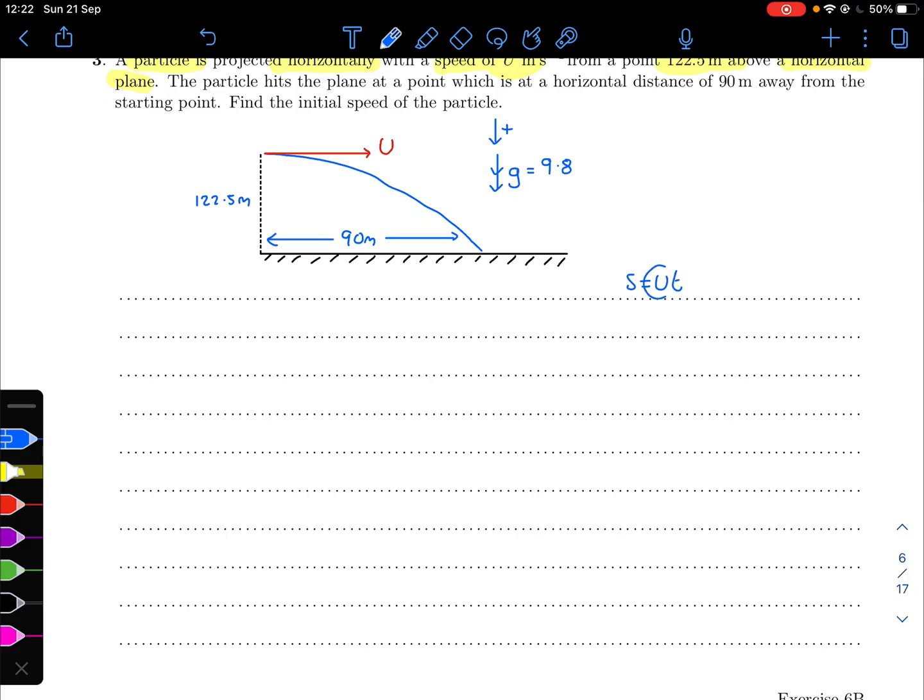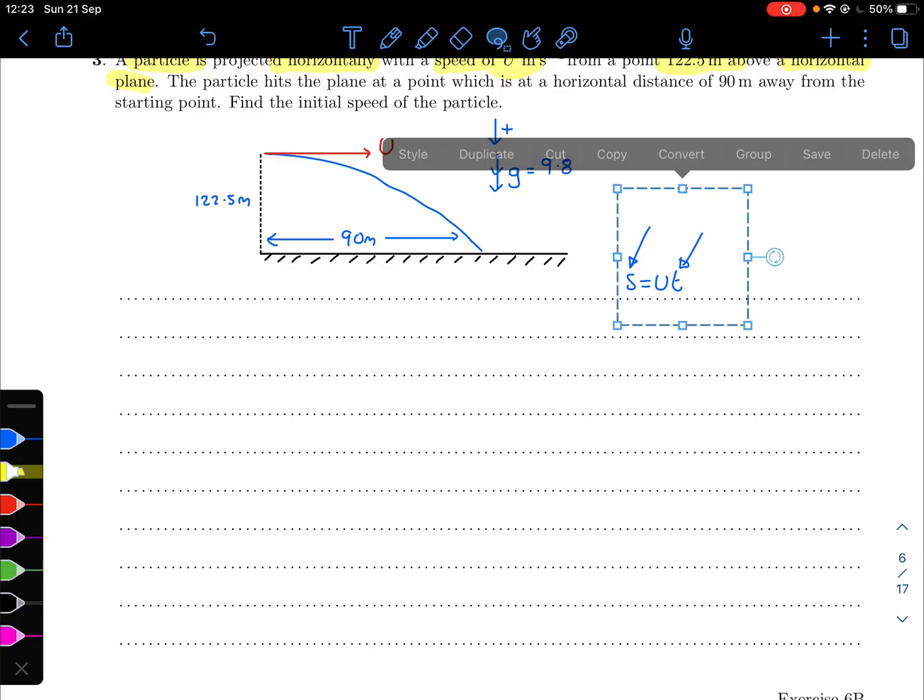If I can find out this u, then I've solved the problem. It is only acting horizontally, so the initial horizontal velocity is the answer to the problem. I know horizontally it's travelled 90 meters, but I don't know how long it took. So I'm going to need to find the time taken to travel those 90 meters.